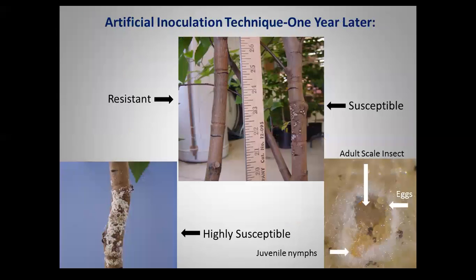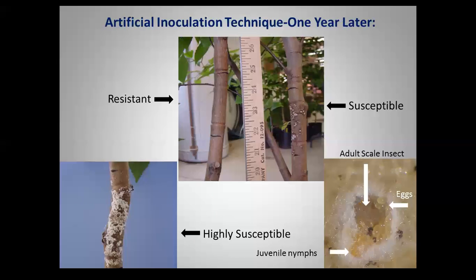In the center picture, you can see it's pretty obvious the trees that are resistant fail to develop a scale population, while the susceptible trees do. In the bottom left picture, I show a highly susceptible tree. So I just want to point out that within the susceptibles, we see an array of susceptibility.